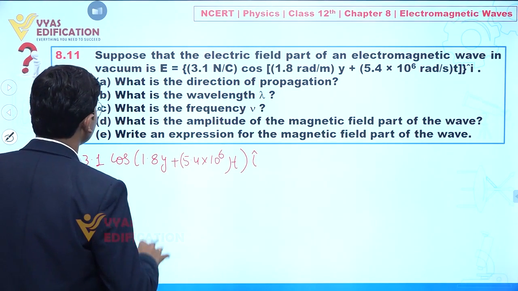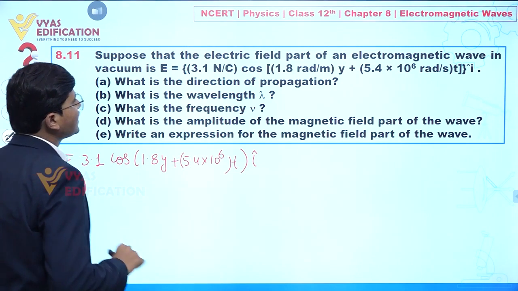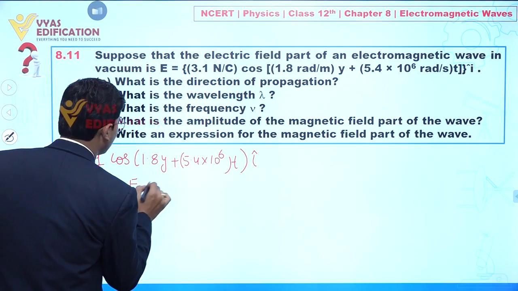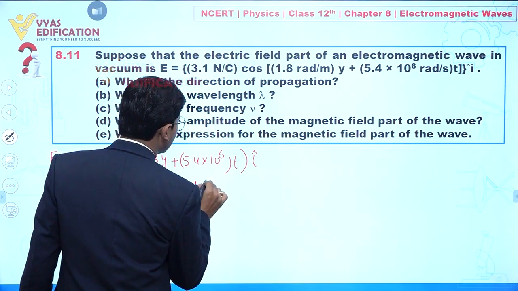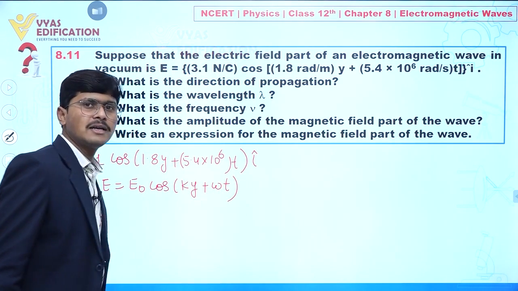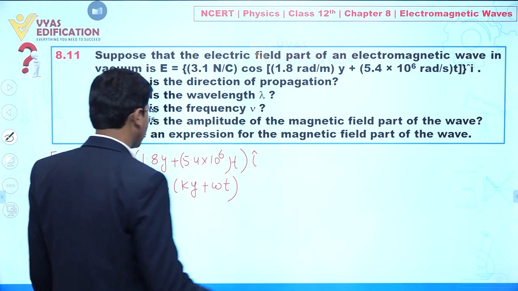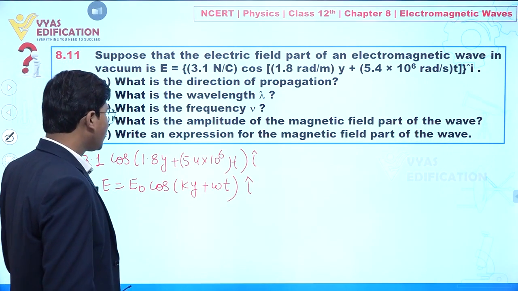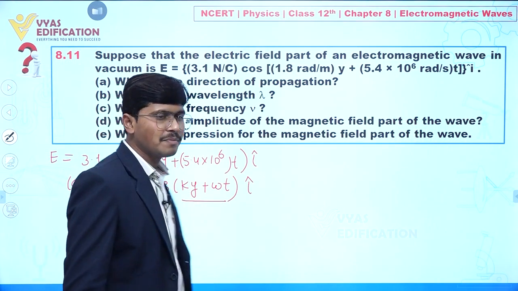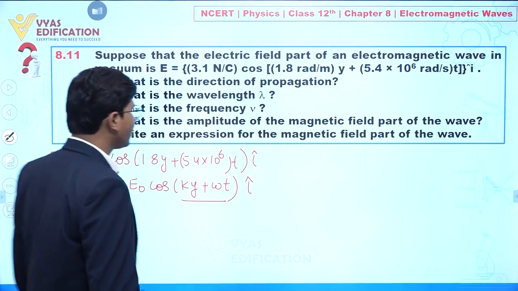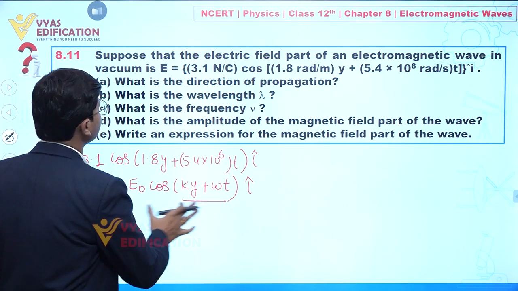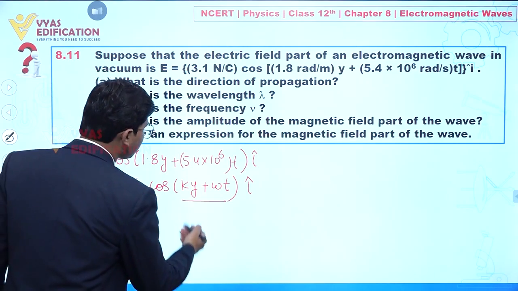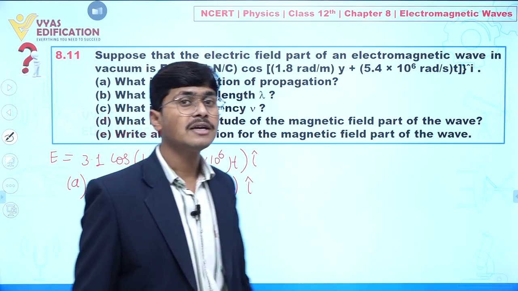Now from here you can find part A, the direction of wave propagation. If we compare this equation with E equal to E naught cos of ky plus omega t, in the direction of i cap, this is the x direction, clear. Now whenever we find this positive term, ky plus omega t, it means the direction of propagation of the wave is in the negative direction, but in which direction?